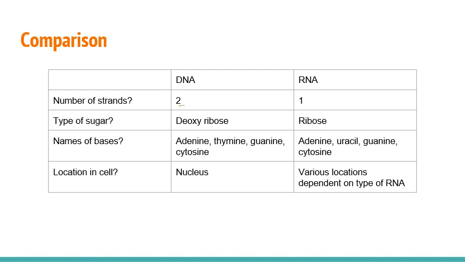DNA has 2 strands, but RNA has 1. So we can say that DNA is double-stranded and RNA is single-stranded. We do need to know that DNA has deoxyribose and RNA just has ribose. We need to know the bases, and luckily 3 of them are the same.